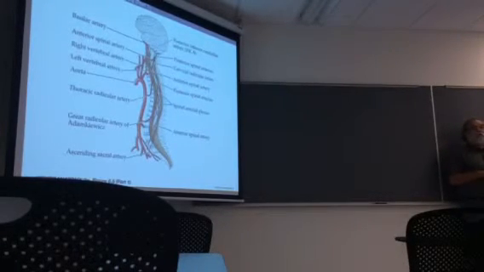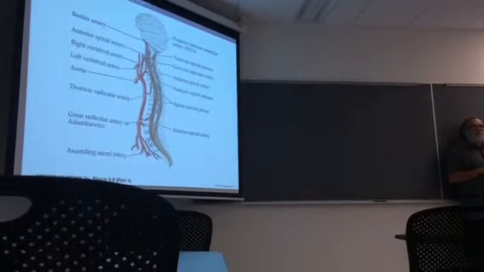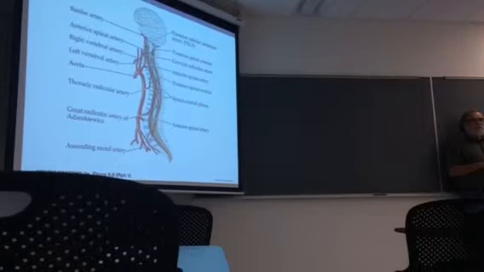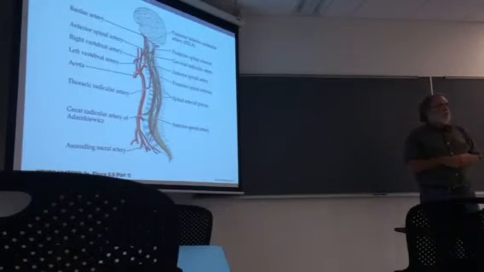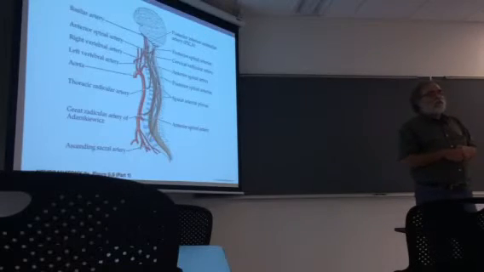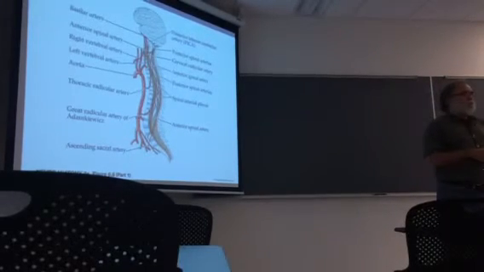Circle of Willis. Why do we have anastomosis there? To ensure continuity of flow. Constant flow, redundant flow. And here is your cord, really important. You darn well better believe it. You're not walking anywhere without it.